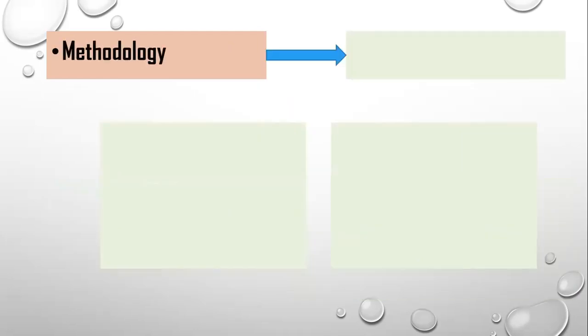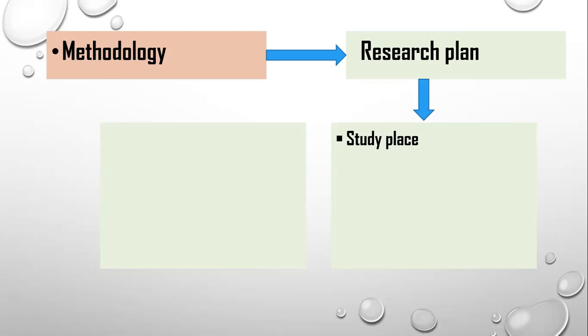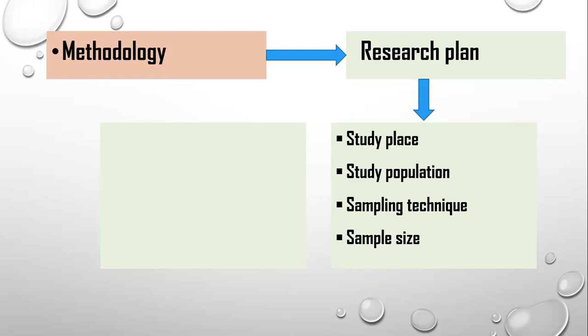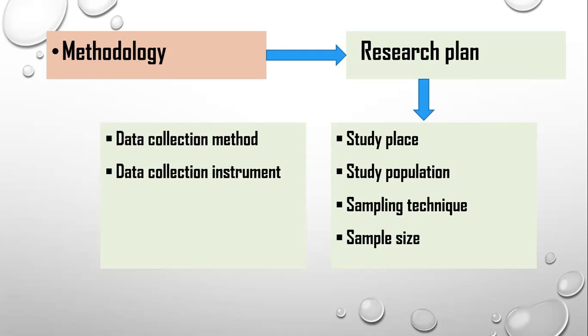Methodology. This methodology section is actually the research plan, and it includes many points. It starts with the study place, study design, study population, sampling technique, sample size, data collection method, data collection instrument, data analysis, and data presentation.